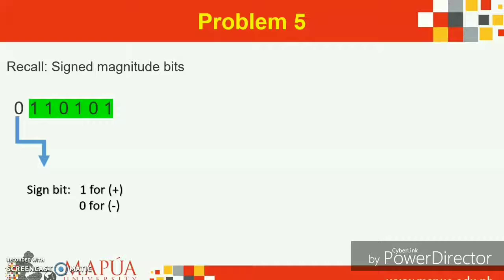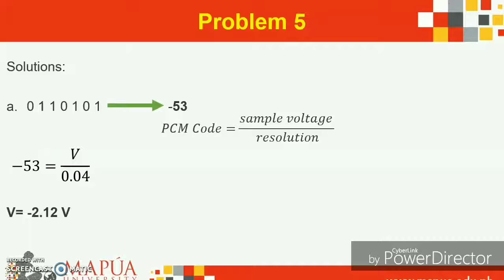And following the sign bit are what we call the magnitude bits. So for letter A, we are given 0, 1, 1, 0, 1, 0, 1 with a sign bit of 0, which is negative, and magnitude bits of 1, 1, 0, 1, 0, 1, which is equal to 53. Thus, the PCM code given in letter A is equal to negative 53.